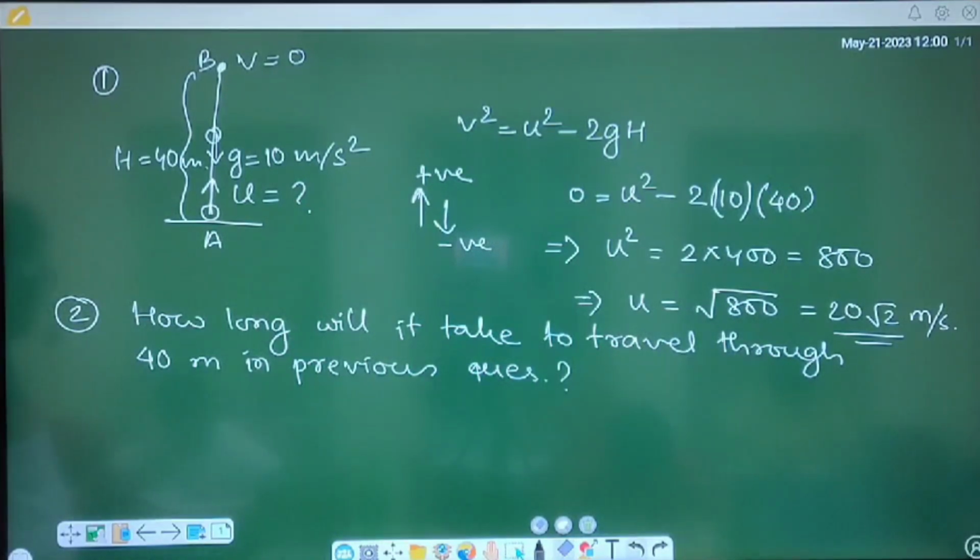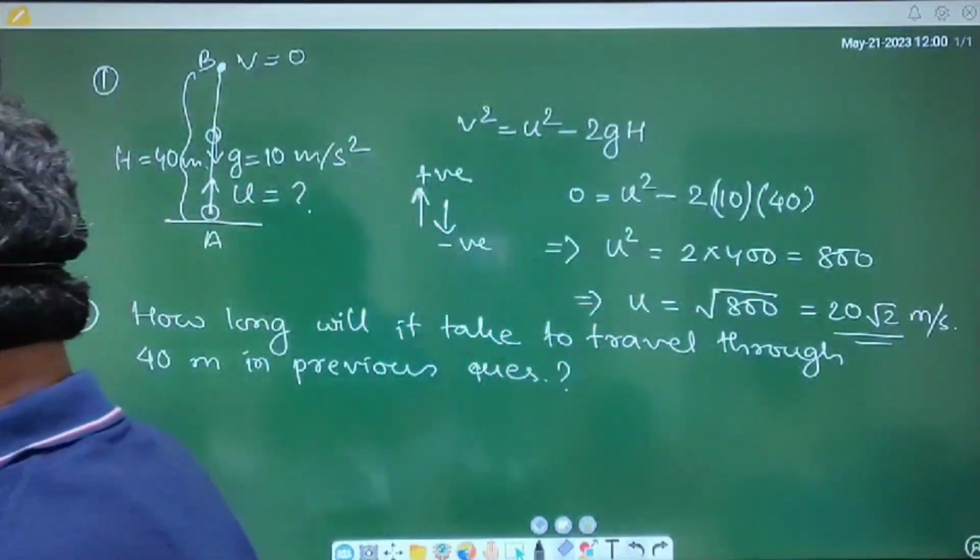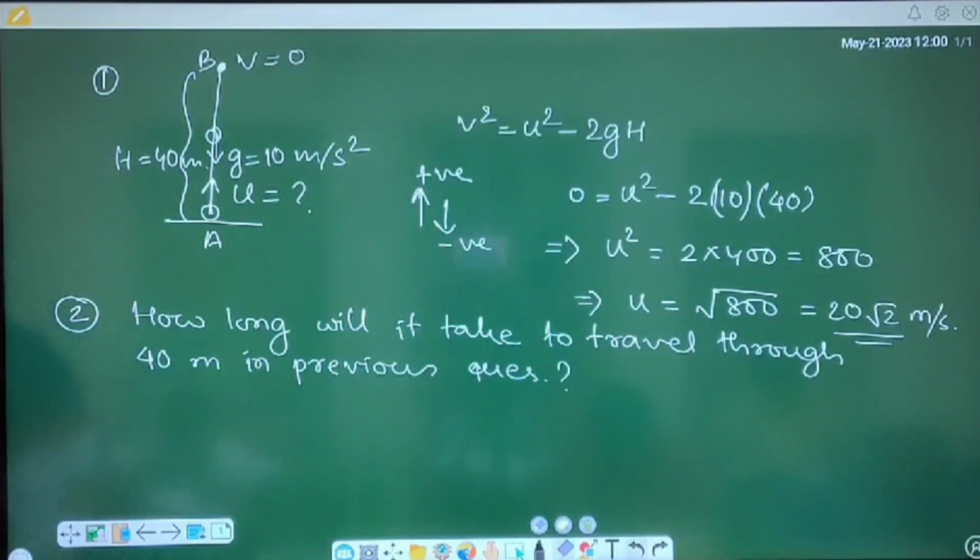And what other informations do you already know from question 1? That is the vertical height. You know the starting velocity, the final velocity, and the acceleration of the journey, right? That means you know U, V, H, as well as g. Only the term T is not known.